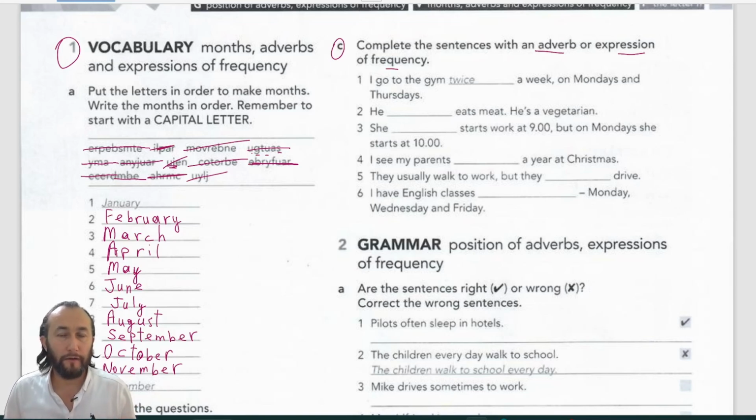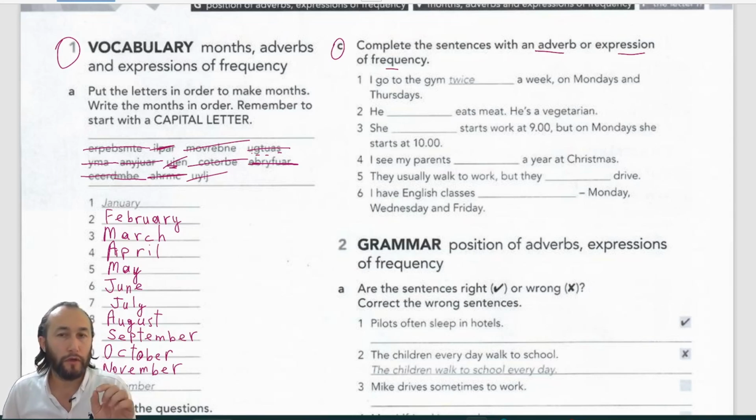So these are one-word adverbs. But expressions of frequency are like once a week, twice a year, 3 times a month. So we've got at least 2 or 3 words, sometimes 4 words in this expression. So it is a combination of words. But an adverb will be, in most cases, one word.